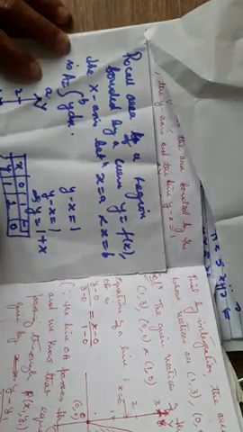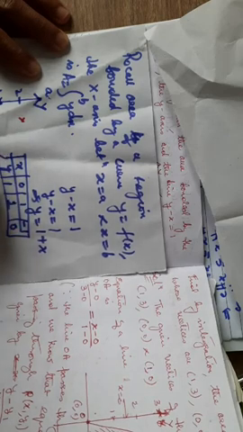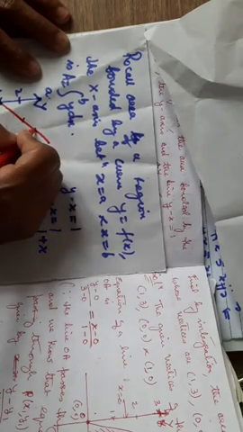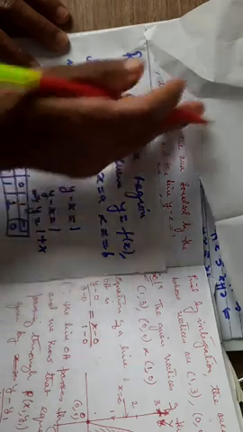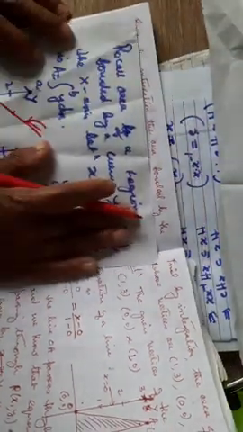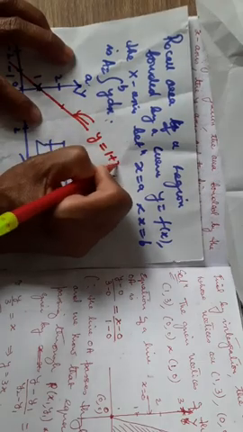When x is equal to 1, y is equal to 2, that is this one. When x is minus 1, y becomes 0. So you get a straight line. This is y is equal to 1 plus x.